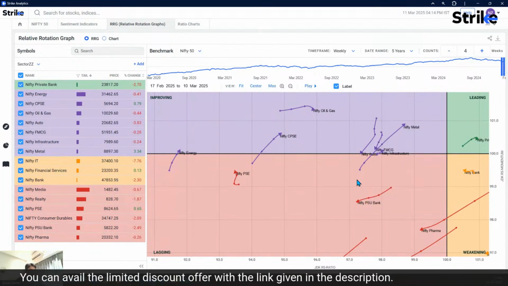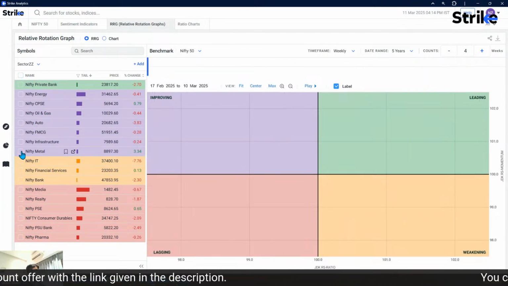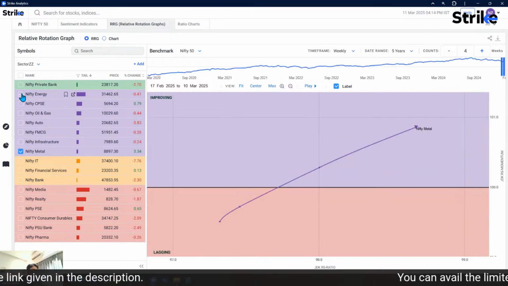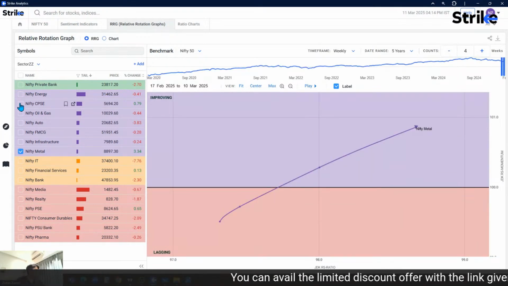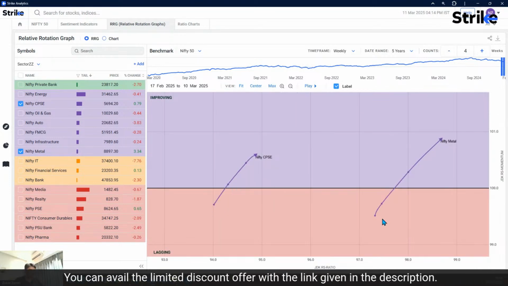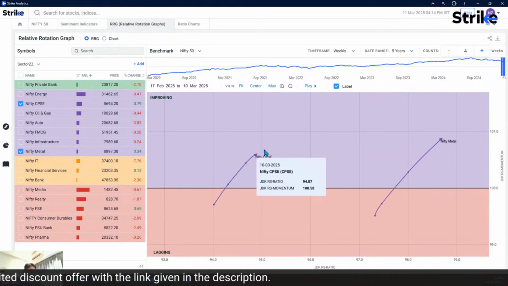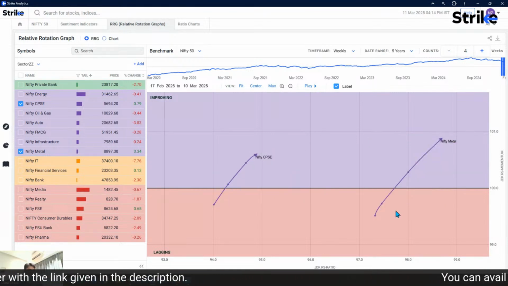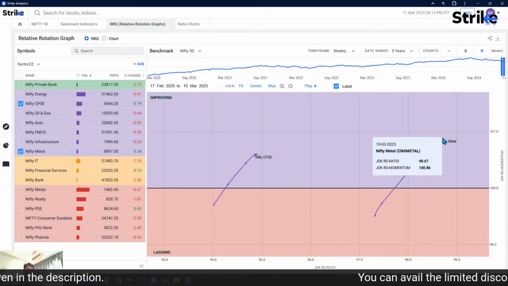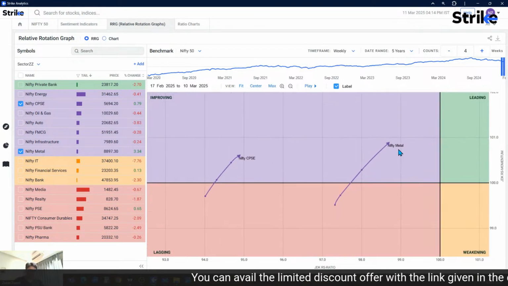First we'll look at the length. The length of metal is more than the length of CPSE, meaning the momentum is more in metal than CPSE. With a little bit more momentum, metal can enter into the leading quadrant.